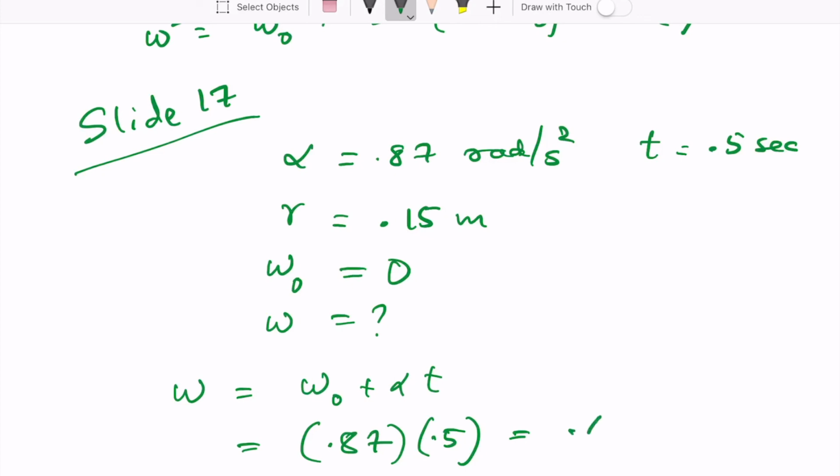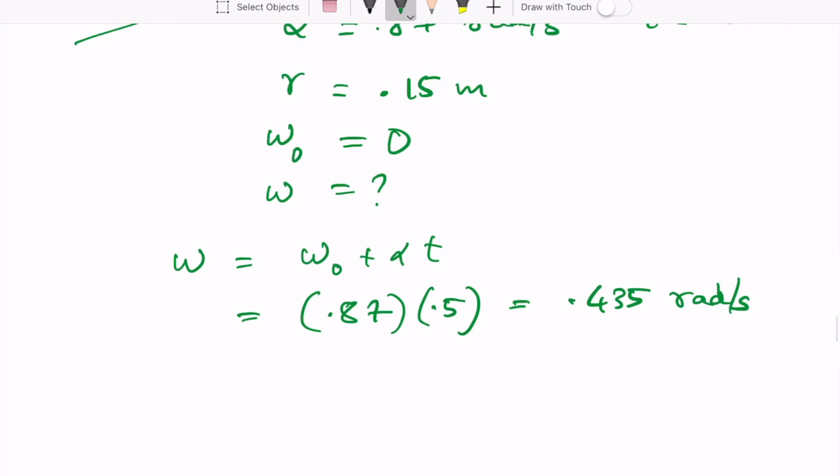So 0.435 radians per second is the final omega, right? So we have to find out how many revolutions the plate makes before reaching this operational speed.